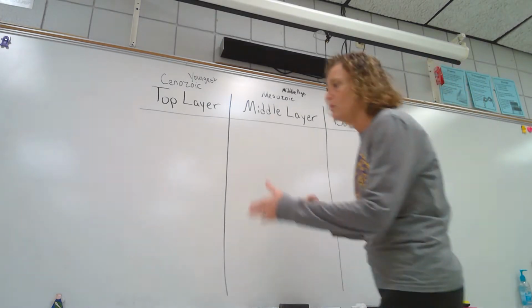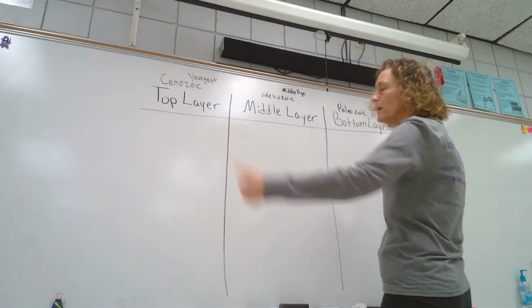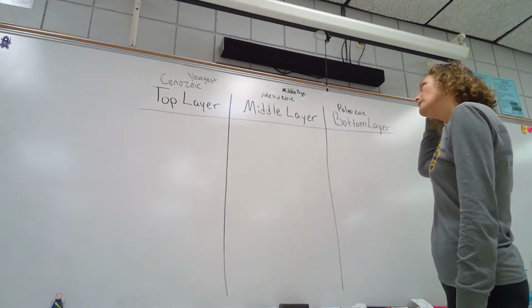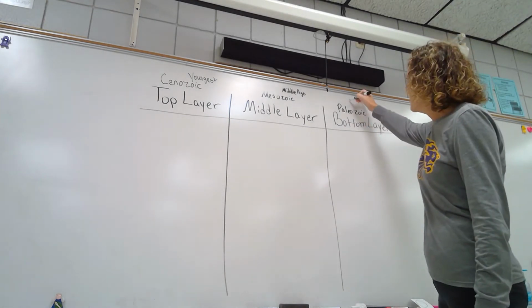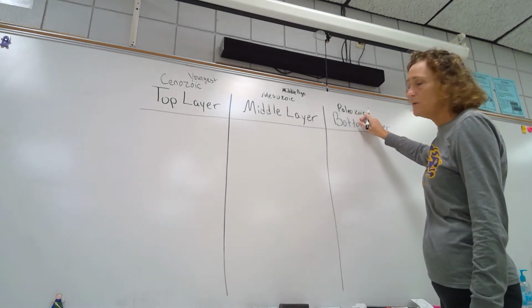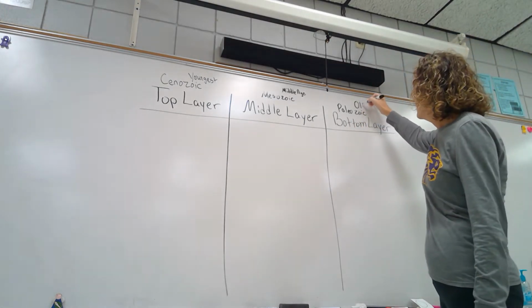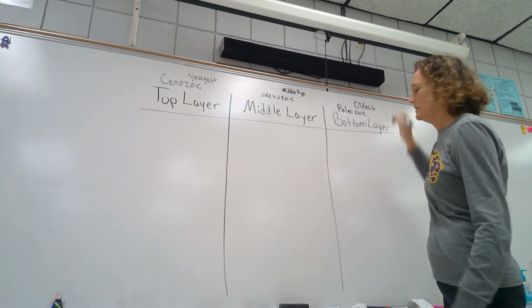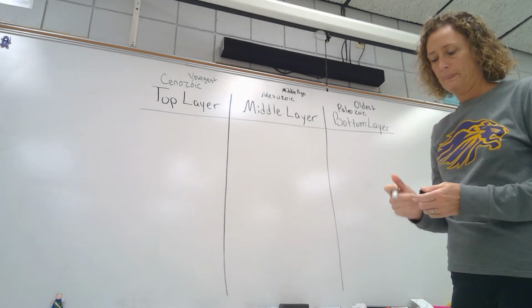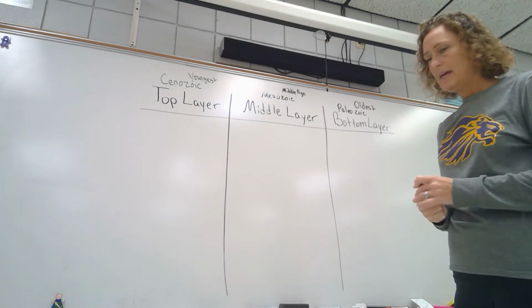And you can turn your paper long ways too if you want, like this way. That's easier. And then the bottom layer, you don't have to write Paleozoic, but if you want to write Paleozoic, you can. But make sure you put that it's the bottom layer and for sure that it's the oldest. Okay? Give me just a second to do that.